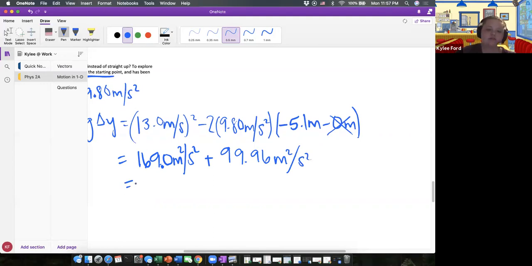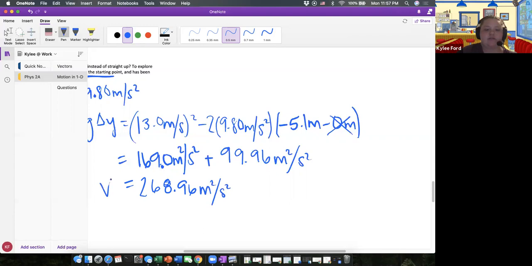Add those two values together, we get 268.96 meters squared per second squared.